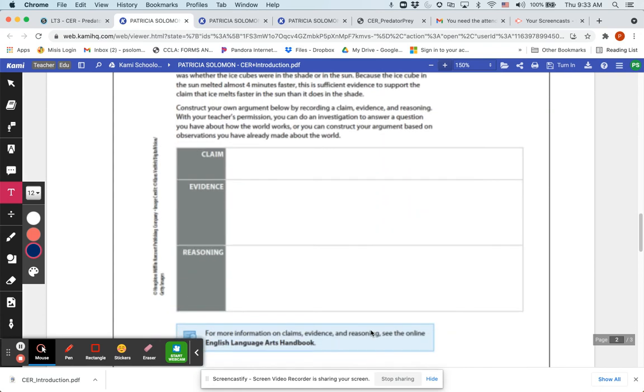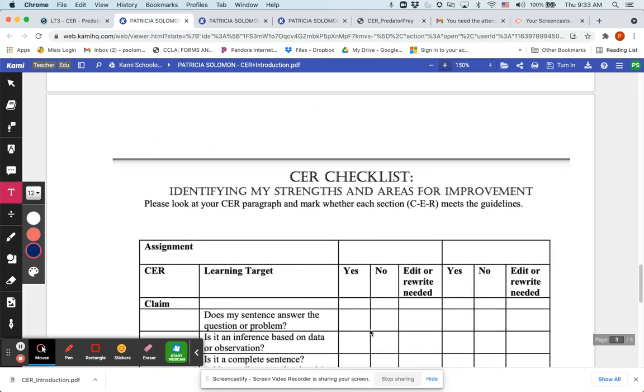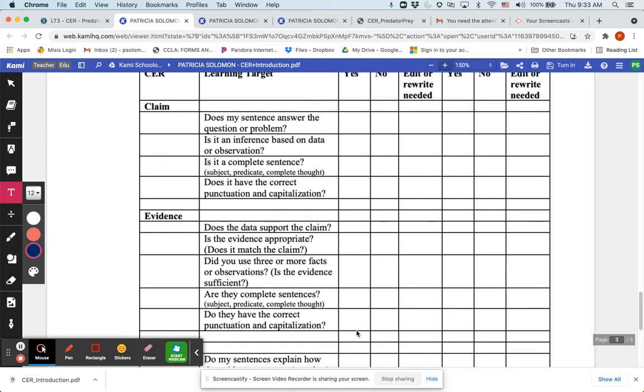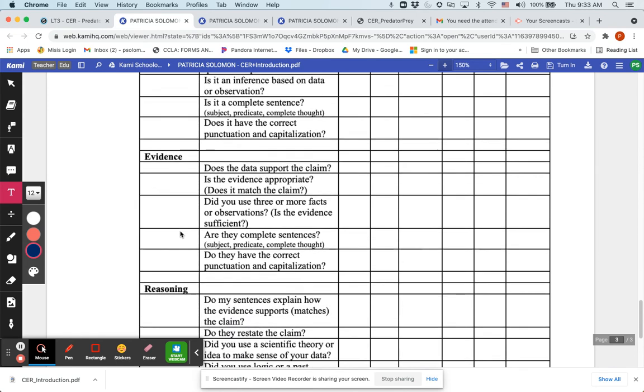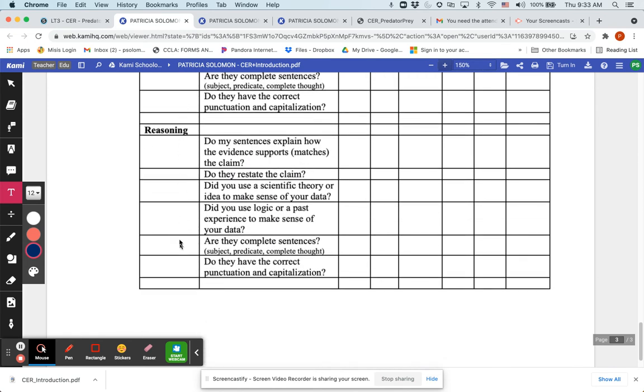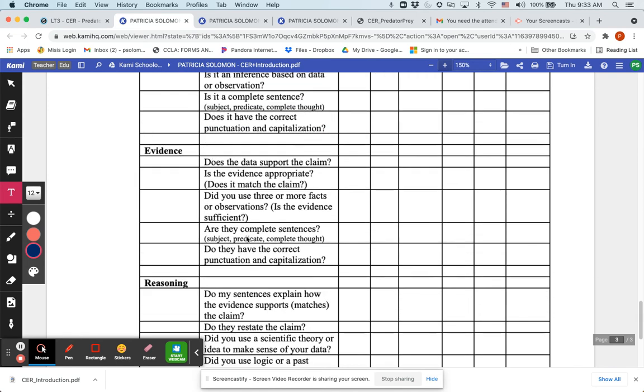Now, when you write your CER, I would like for you to go through this checklist and check off all the things. Read your claim and be really honest about it. Does your sentence answer the question of the problem? Is it an inference based on data or observation, etc.? Same thing for the evidence and same thing for the reasoning.